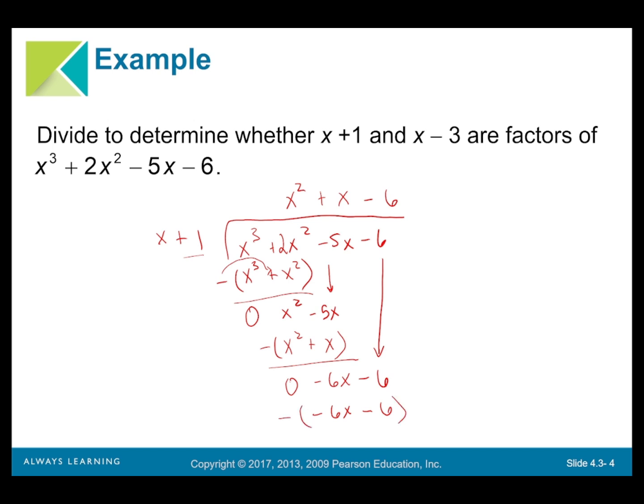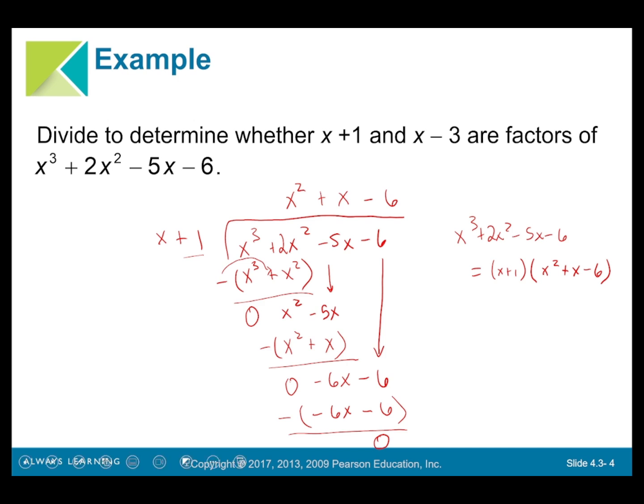But look at that. They match perfectly, and as I take their difference, I get 0. So there's nothing left over, and I know that now I can write x cubed plus 2x squared minus 5x minus 6 as x plus 1 times x squared plus x minus 6. I've basically done the division.